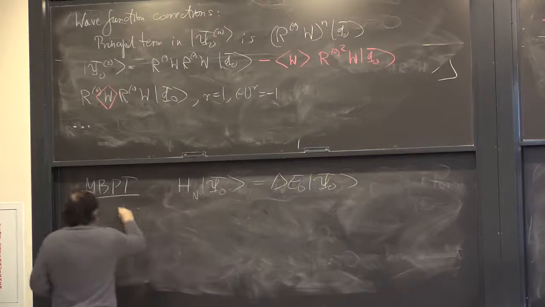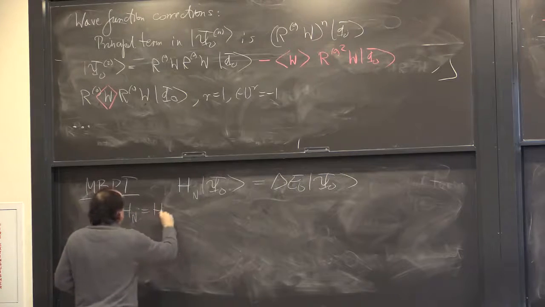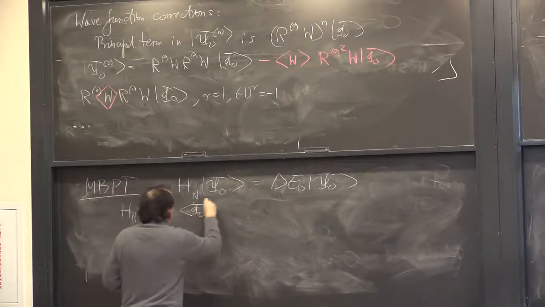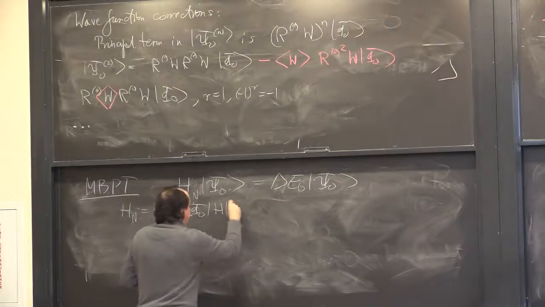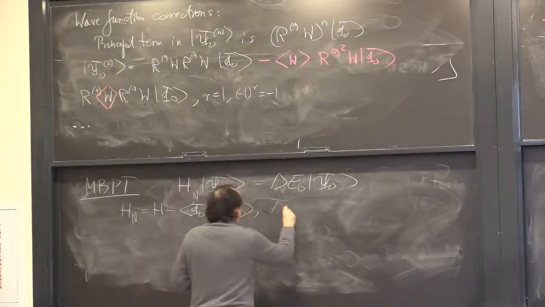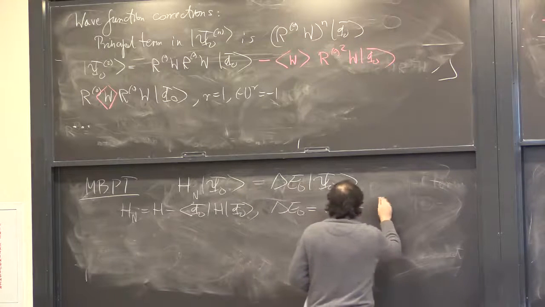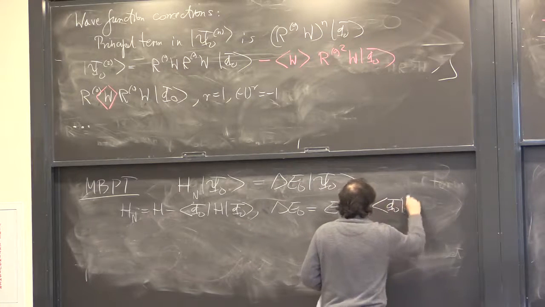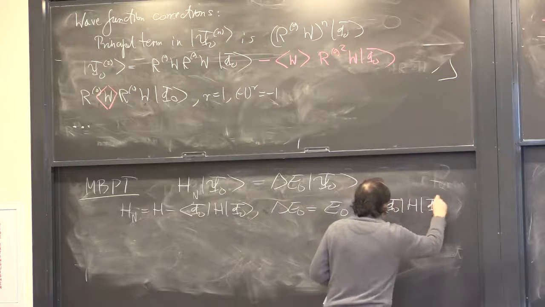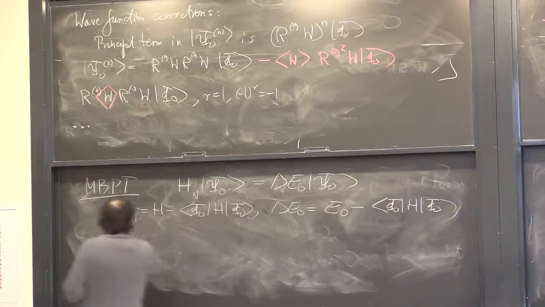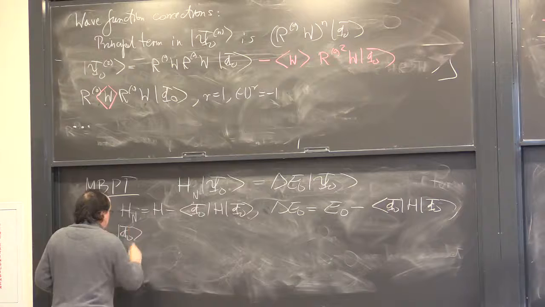Where Hn is defined as H minus the expectation value of H in phi 0, and delta E0 is the total energy of a system minus the expectation value of the Hamiltonian in phi 0, where phi 0 serves two roles.